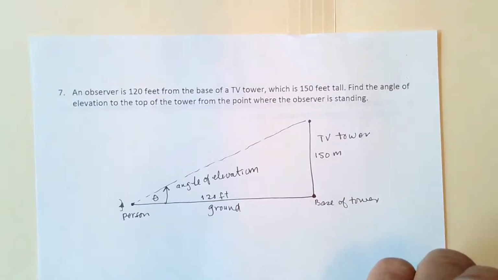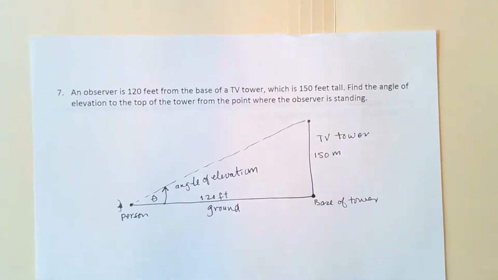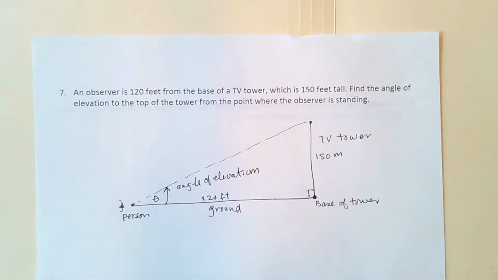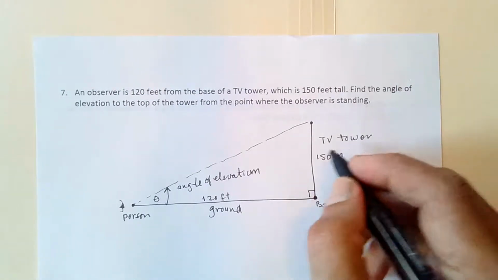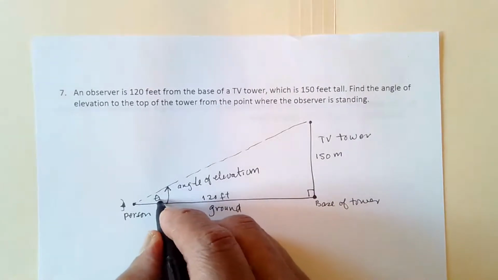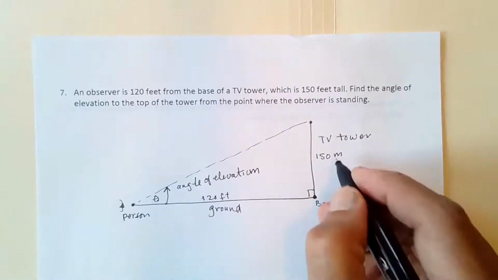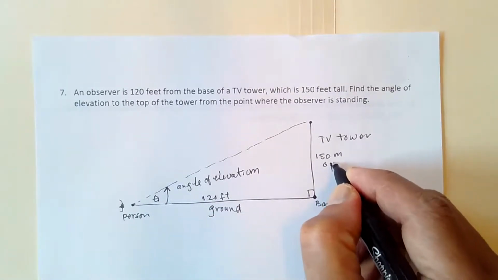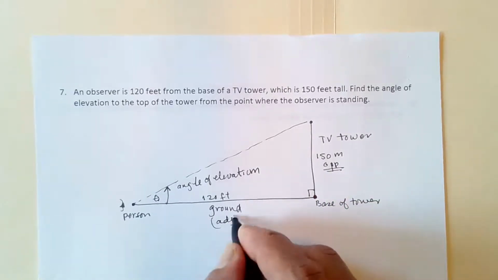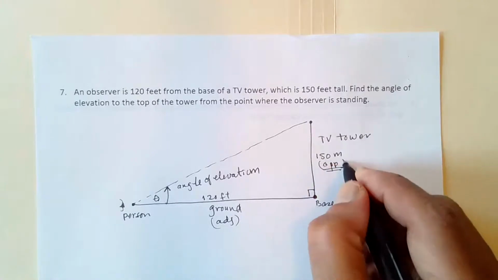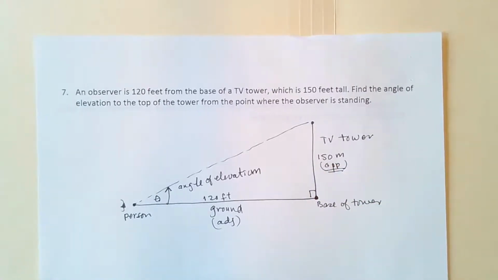So now we have our right angle triangle. Let's put a little 90 degrees there to indicate it's a right angle triangle. Based on our reference angle here, this will be the opposite side, and this will be my adjacent side. So what's given? The opposite and adjacent.